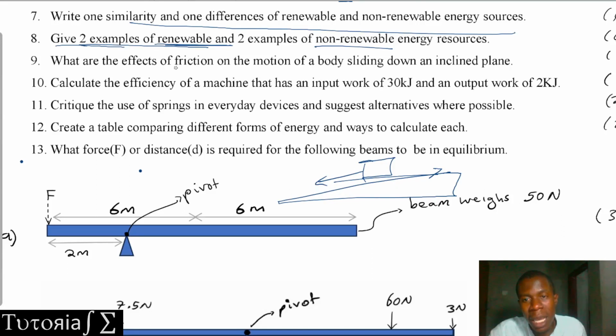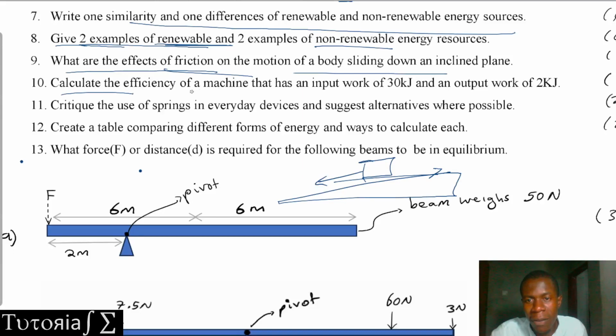So basically we can say friction affects the body's acceleration as it goes down, and eventually may slow down the object. Okay, so that is question 9. Friction basically slows down the object.